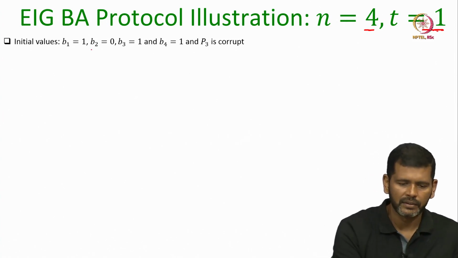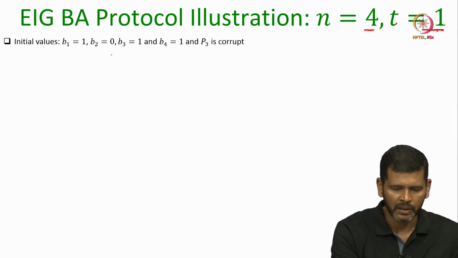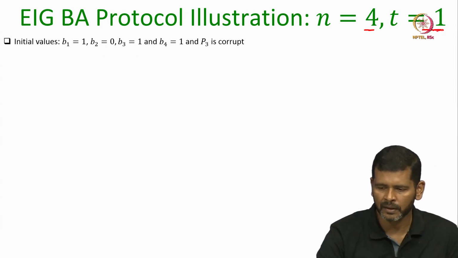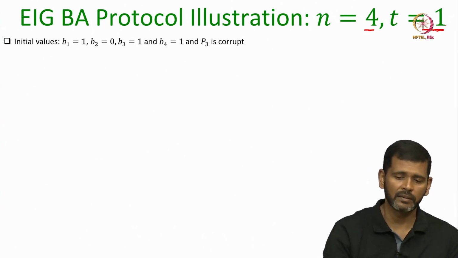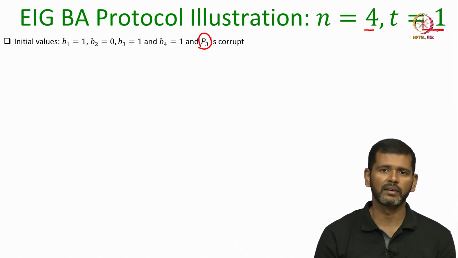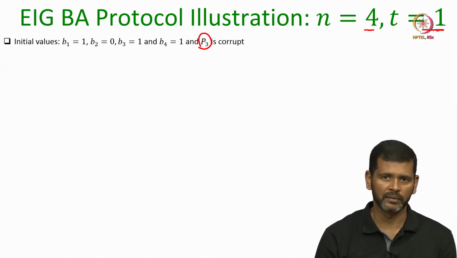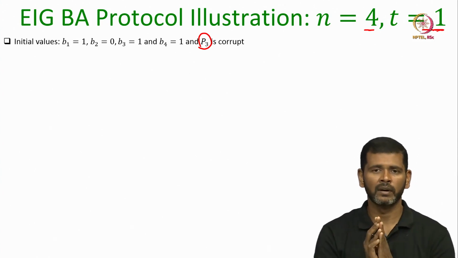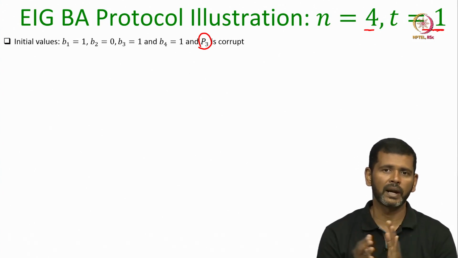Now, I take the initial values of the parties to be 1, 0, 1, 1, and since one of the 4 parties could be corrupt, it could be any of the 4 parties. For the purpose of illustration, I am taking the case when P3 is going to be corrupt during the protocol execution. Again, I stress this will not be known beforehand to everyone.